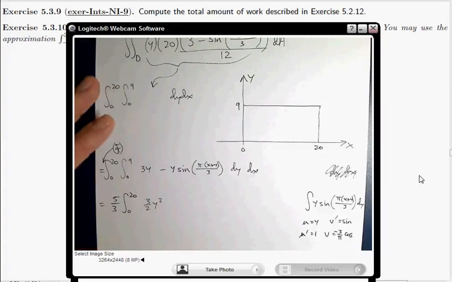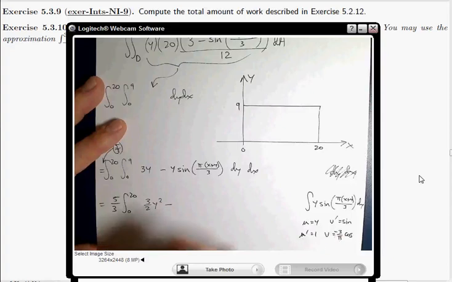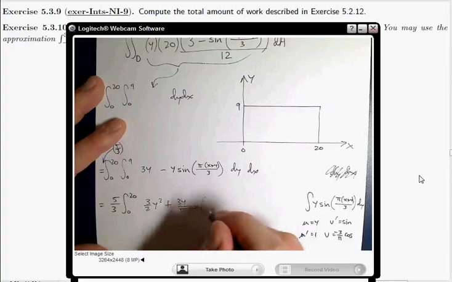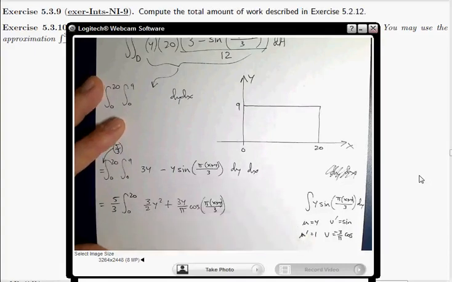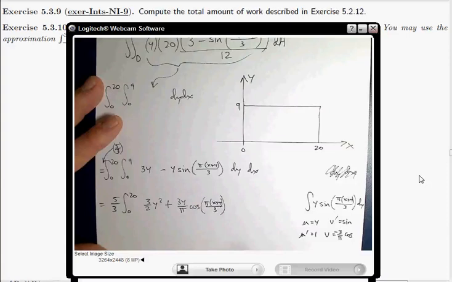The antiderivative of u v prime dy is uv, so we have minus 3y over pi cosine of pi x plus y over 3. Minus, now there's a minus there, but then there's a minus from the integration by parts formula, and another minus in here also.